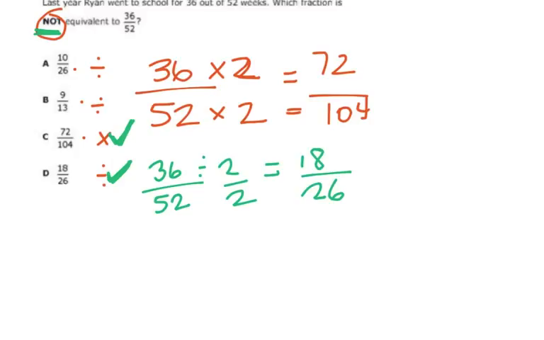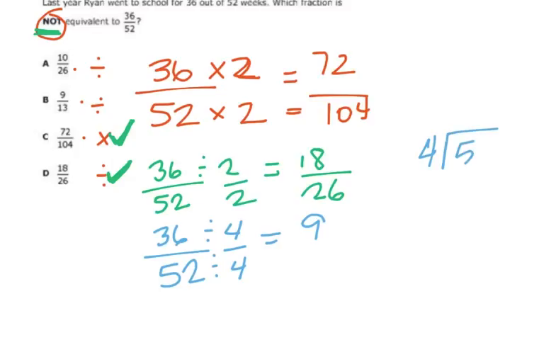Okay, now I'm going to look at 9/13, trying to see if I can get there. So 36/52. What could I possibly divide 36 by to get to 9? Oh, what about dividing it by 4/4? So 36 divided by 4 equals 9, and then 52 divided by 4.